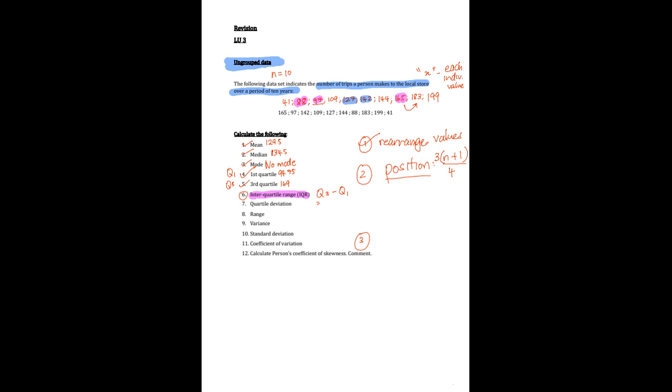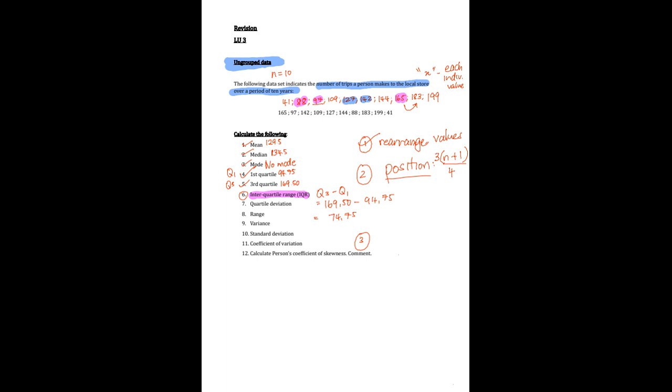All you're doing is taking the Q3 figure, 169.5, and subtracting Q1, which was 94.75. That gives you an interquartile range of 74.75. Okay, so that's your interquartile range.